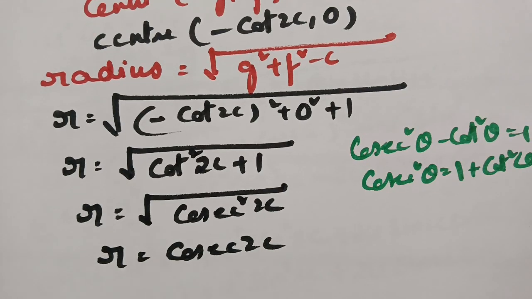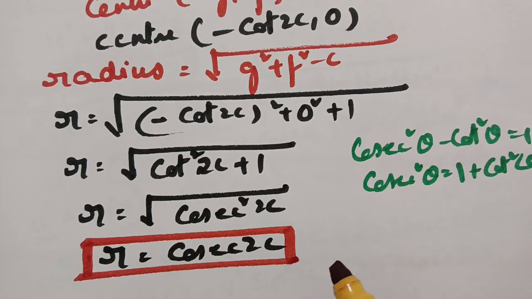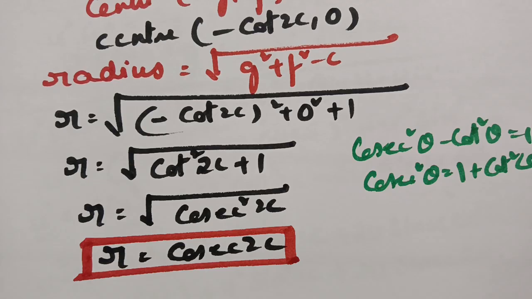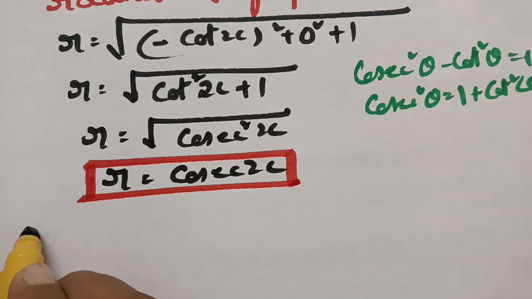So the radius value is cosecant 2c. And as you know, the sine and cos values range from minus 1 to plus 1.